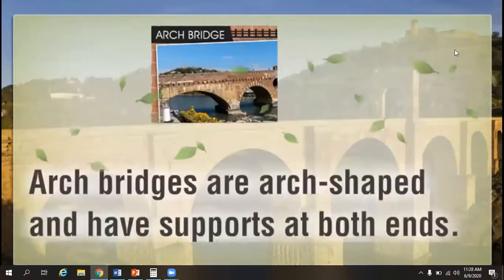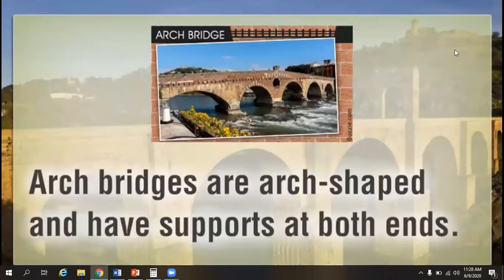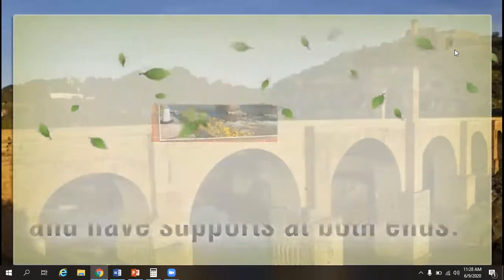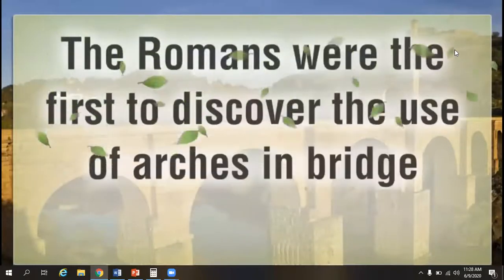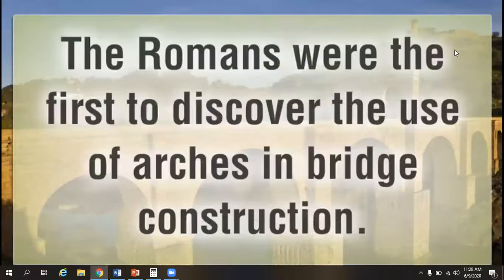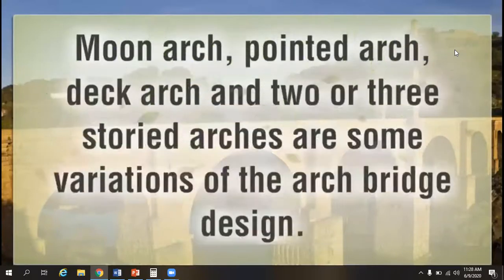Arch bridges are arch-shaped and have supports at both ends. The entire weight is borne by these supports. The Romans were the first to discover the use of arches in bridge construction. Moon arch, pointed arch, deck arch and 2- or 3-storied arches are some variations of the arch bridge design.